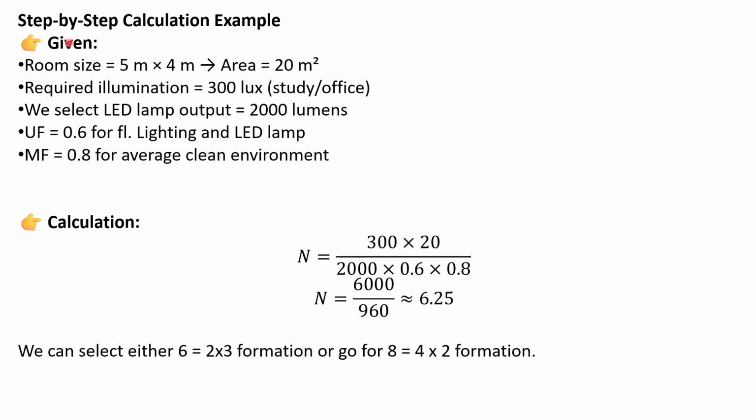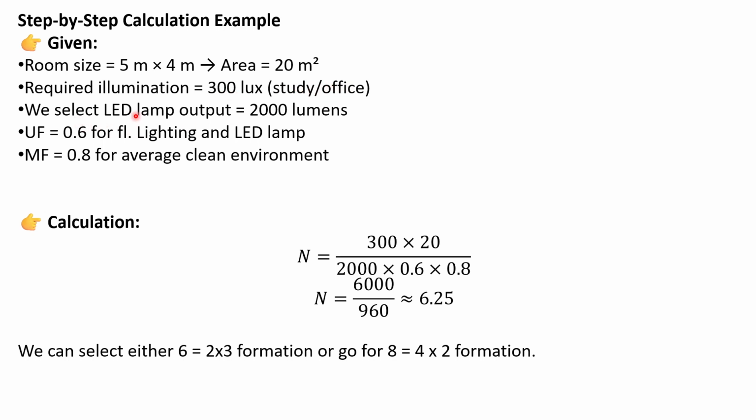Friends, now through step-by-step calculation we will find out how many fittings are required. Suppose the room area is 5 into 4 meter, say 20 square meter, and we desire a required illumination of 300 lux, study room or office.